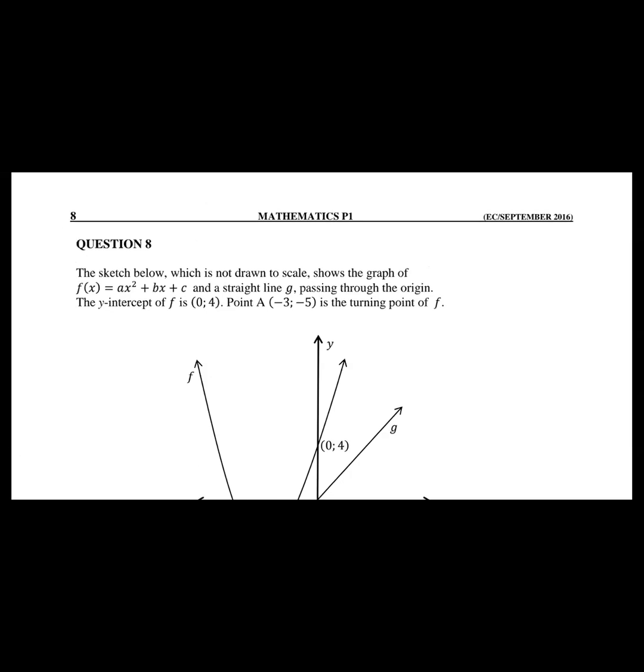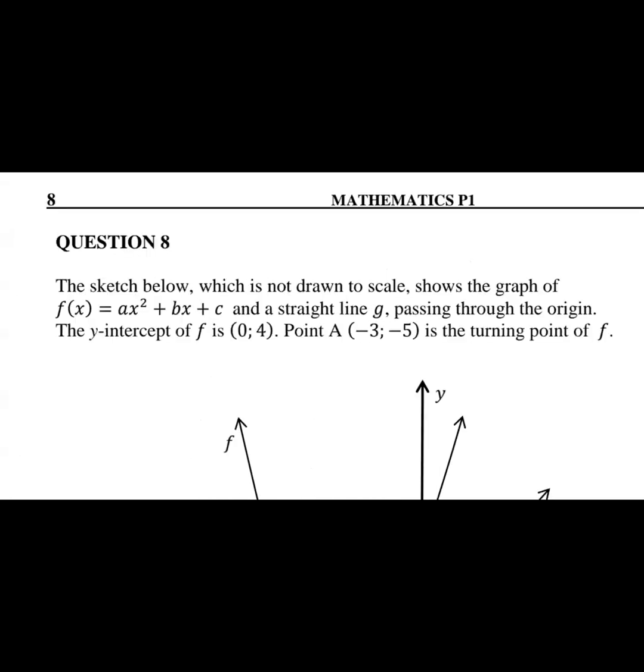According to the statement, they said the sketch below, which is not drawn to scale, shows the graph of f of x, which is ax squared plus bx plus c, and a straight line g. It passed through the origin, and there was a y-intercept which passed through 0 and 4. And point A, which is -3 and -5, was the turning point on that graph.